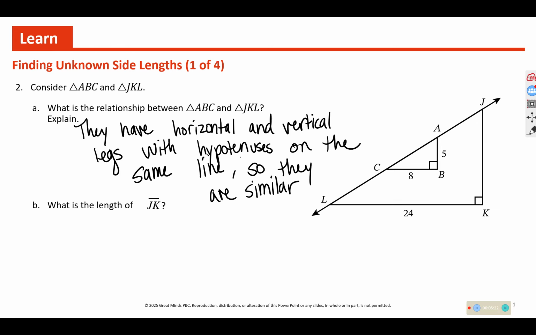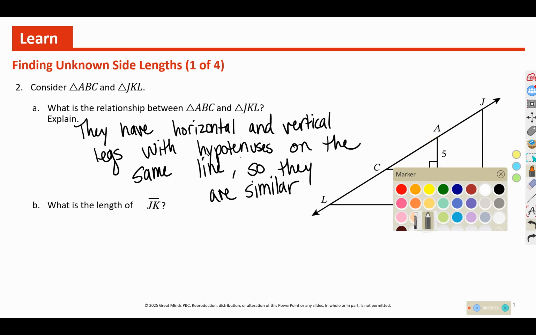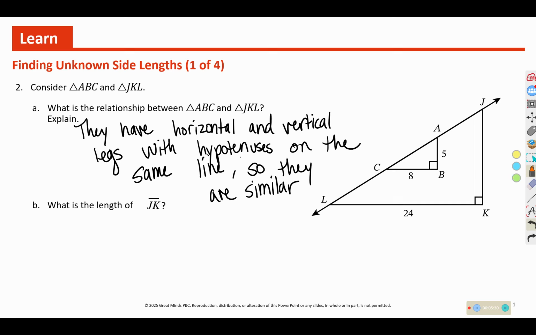B, what is the length of JK? Because these are similar, the ratio between the triangles will remain the same. So here, these two will have the same ratio as these two.